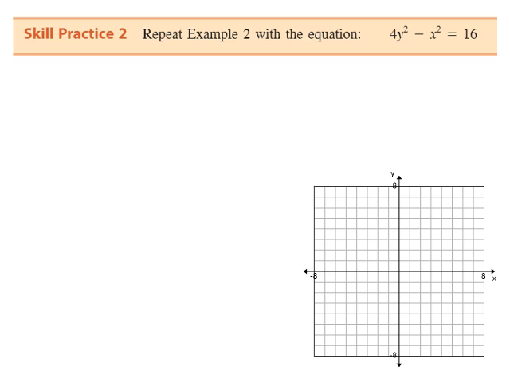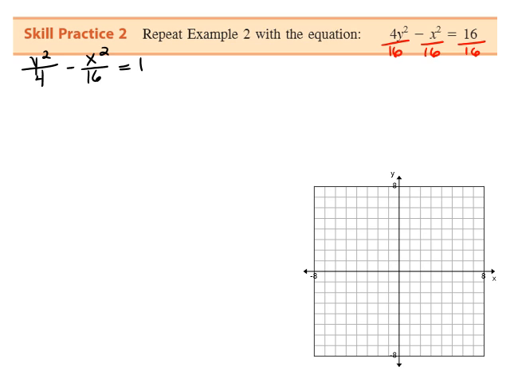Okay, so this is the same thing, but now I don't have the standard form of a hyperbola. And so what I want to do, just like the ellipse, I'll divide everything by 16 and simplify if I can. So this gives me the equation y squared divided by 4 minus x squared divided by 16 is equal to 1.